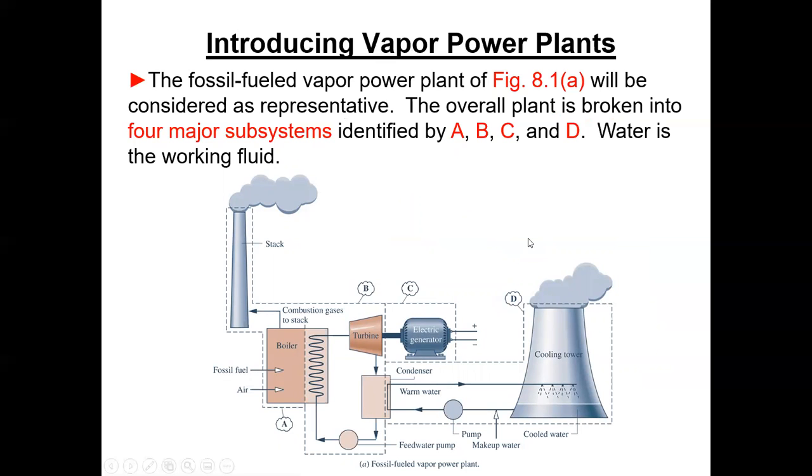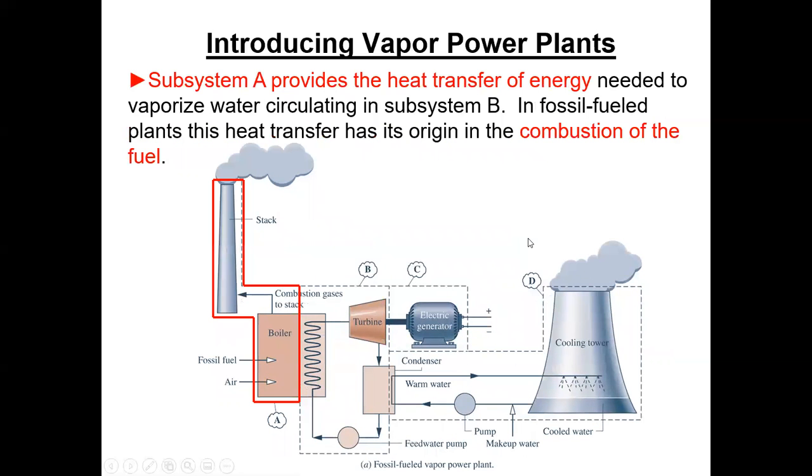Okay. So we're going to go back to A here, and we're going to talk more about these subsystems. Subsystem B will be of primary interest to us. We can talk through those. I've already kind of done that.